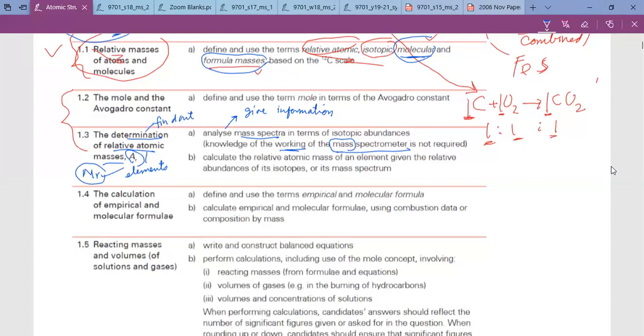In terms of isotopic, this is another word. Isotopic means isotope. Is it Cl35 or Cl37? Oxygen 16, 17 or 18? Hydrogen 1, 2, or 3? Abundance means how much. And normally they say relative abundance, because it can be a percentage or an actual abundance.